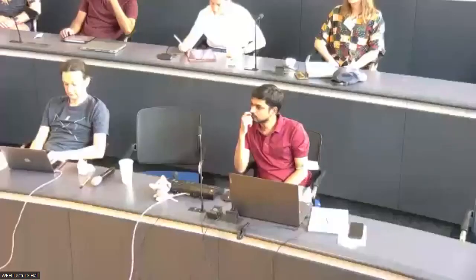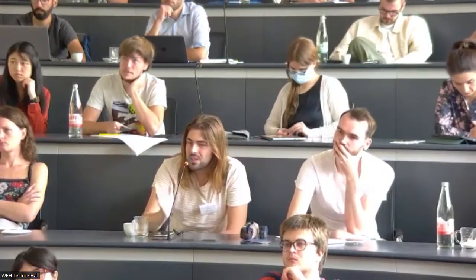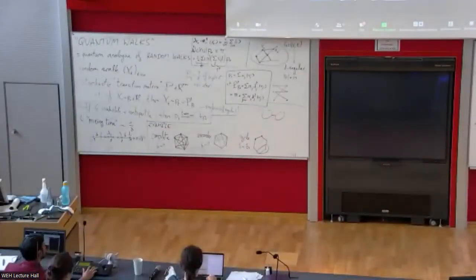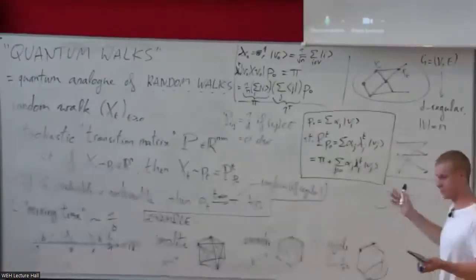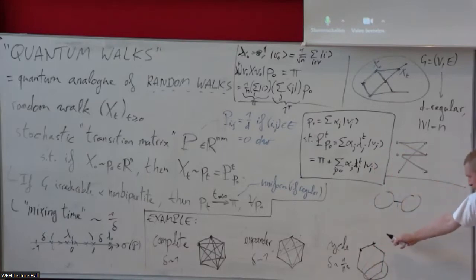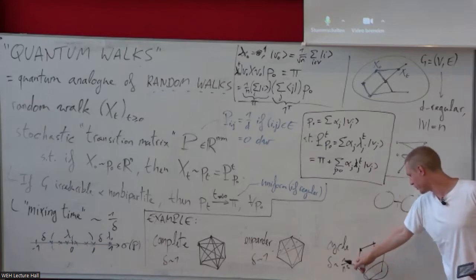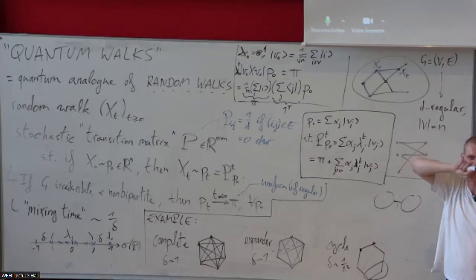Is this a bound? Because it seems to suggest that it doesn't depend on the spatial distribution of the sites. Exactly, it is a bound, and sometimes it works well, like for the complete graph, and there are many more graphs you can think of. But for the cycle, and this is a bit sad, it is not a very good bound, because what you can show is that after n squared steps you're mixed, but to mix you have to pass through all the vertices.